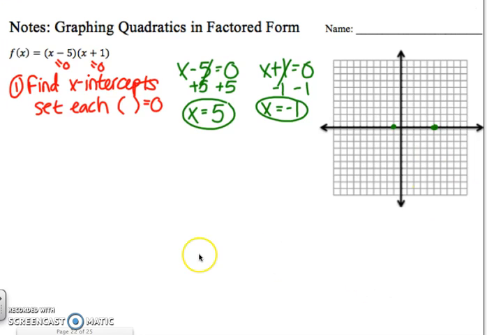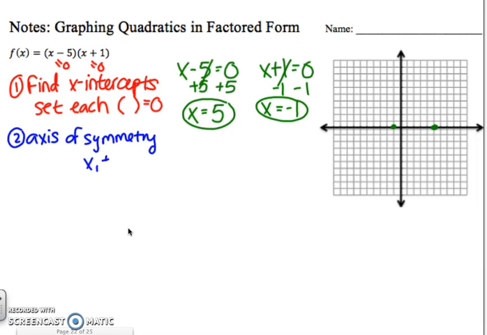Okay. The next thing is the axis of symmetry. And the axis of symmetry is going to be in the middle of those 2 points. So you can either count backwards until your fingers meet, or you're going to add your two x's and divide by 2 to find the average.